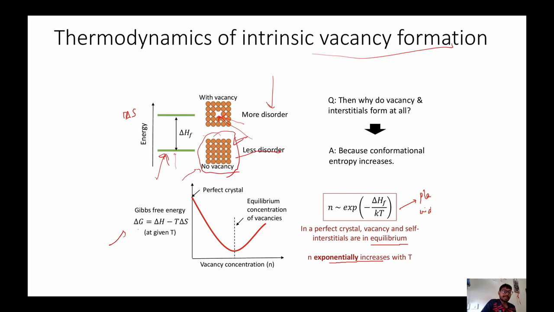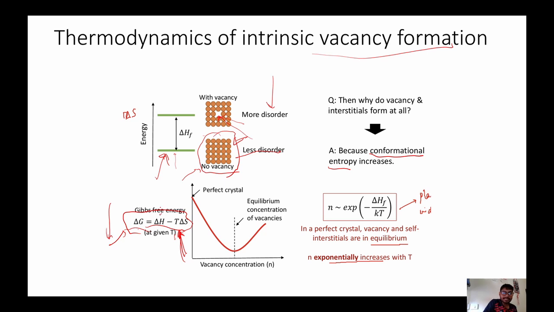Delta G is equal to delta H minus T delta S, where T delta S is nothing but the conformational entropy. As we increase the temperature, this conformational entropy increases and Gibbs free energy decreases.